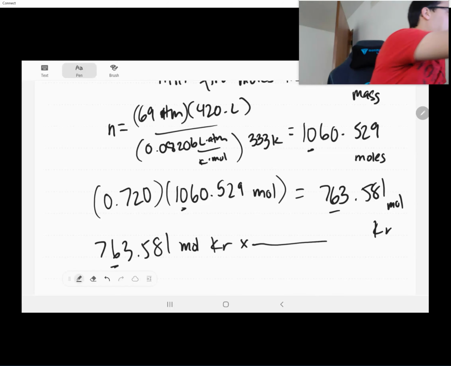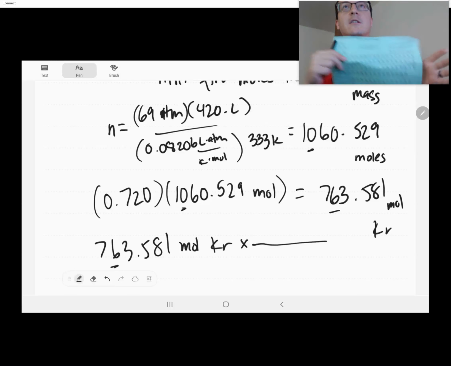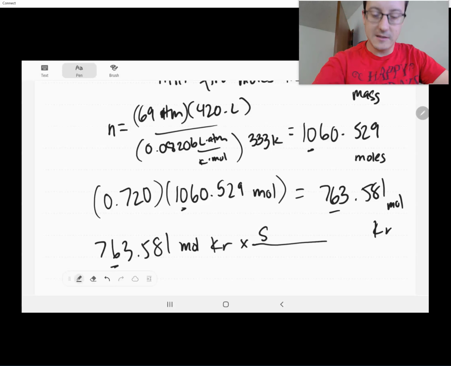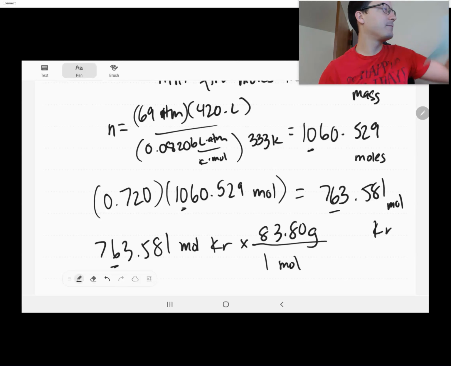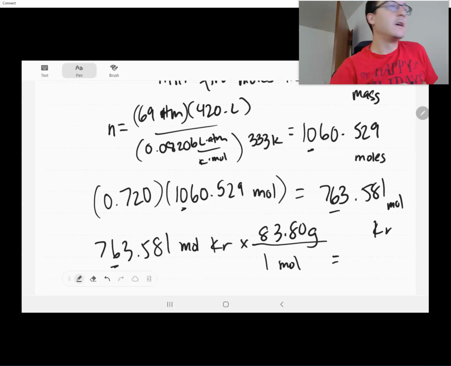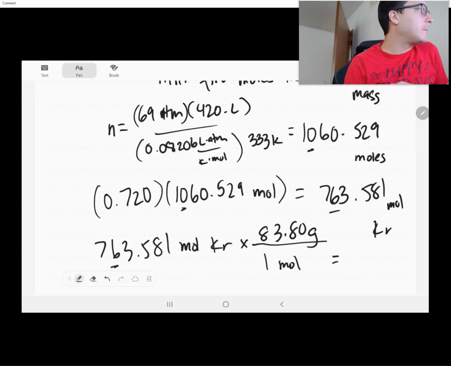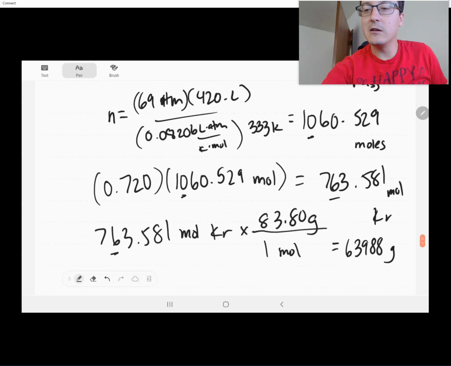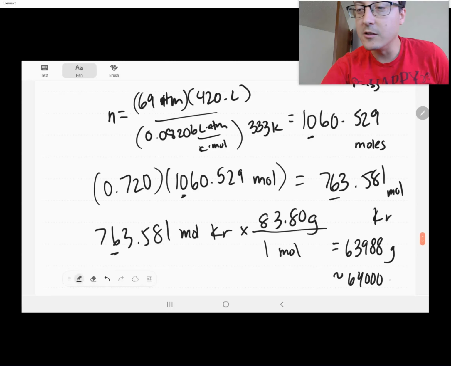we remember from our handy-dandy periodic table from yesteryear, krypton is number 36. That has a molar mass of 83.8 grams per mole. And so we end up getting, wow, quite a lot. 63,988 grams, which we will round to 2 sig figs, which should be 64,000 grams.